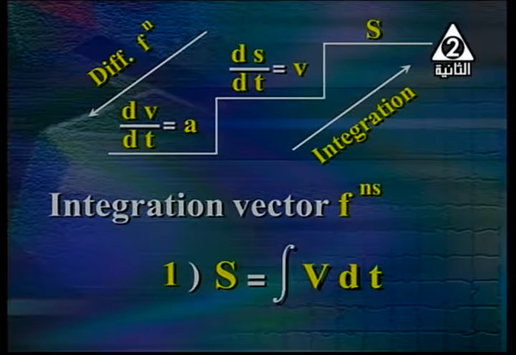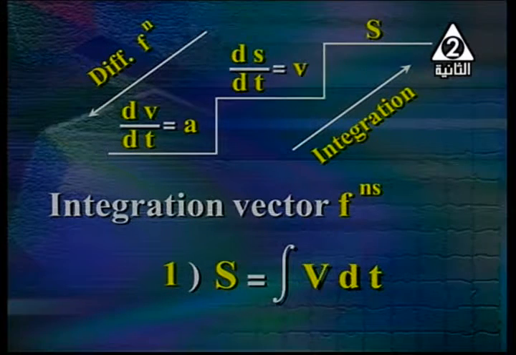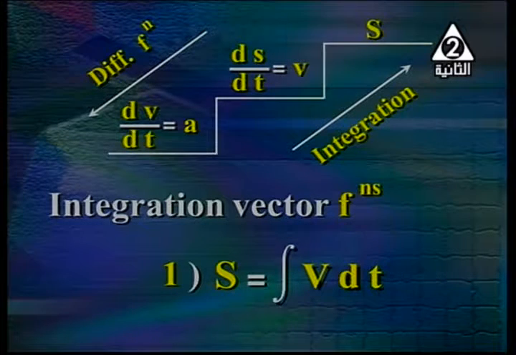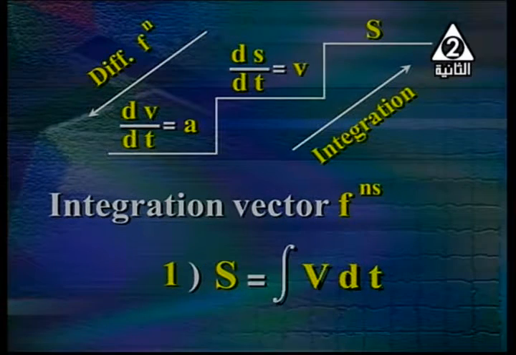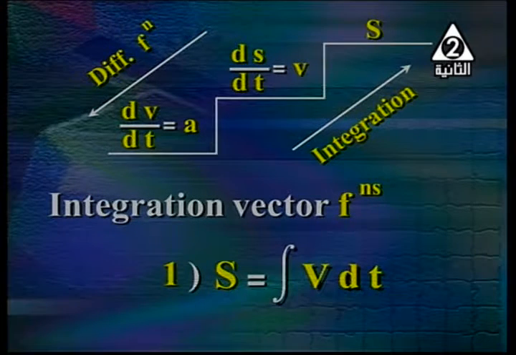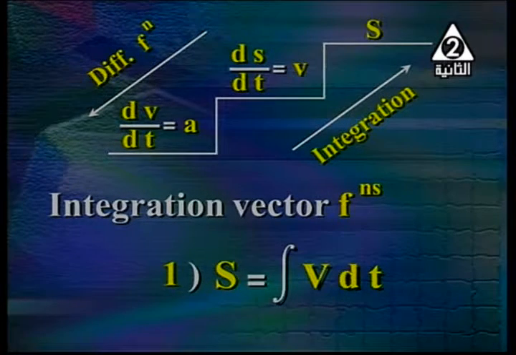Because S equals integration of velocity with respect to time t. Remember, the integration operation is the opposite of the differentiation operation. Why? Because A equals dv by dt or V equals ds over dt.